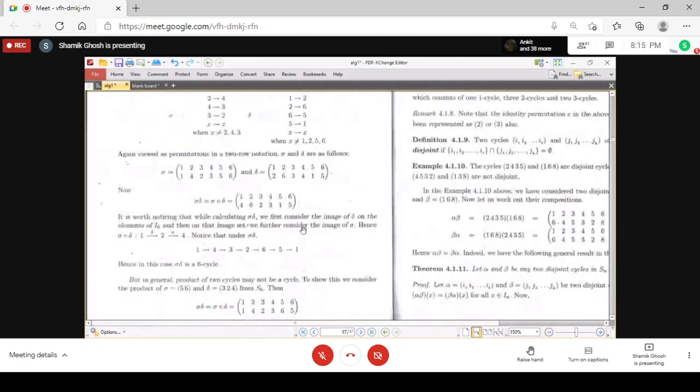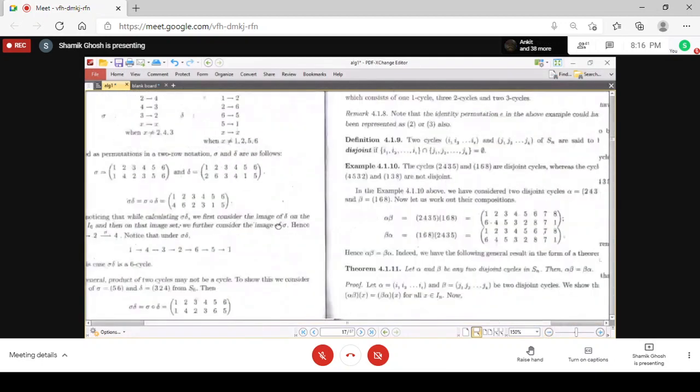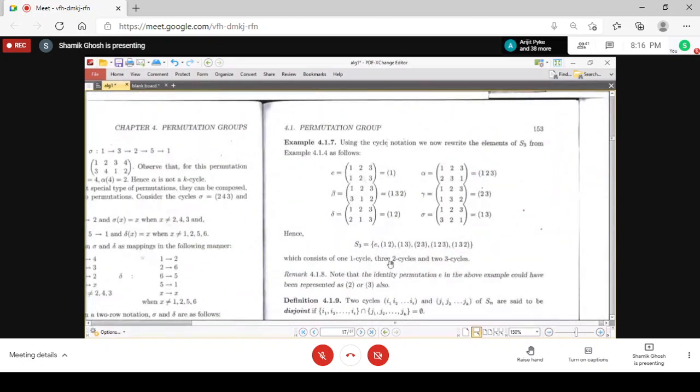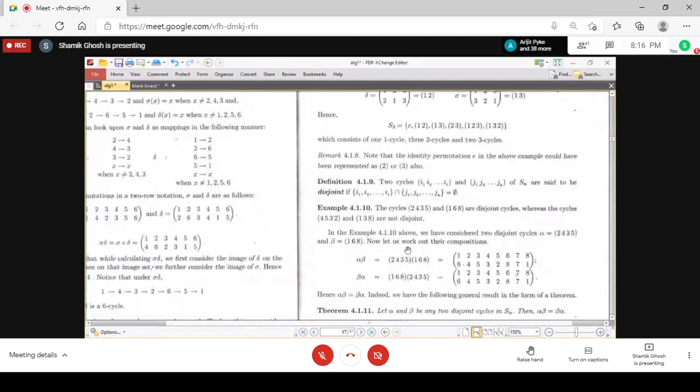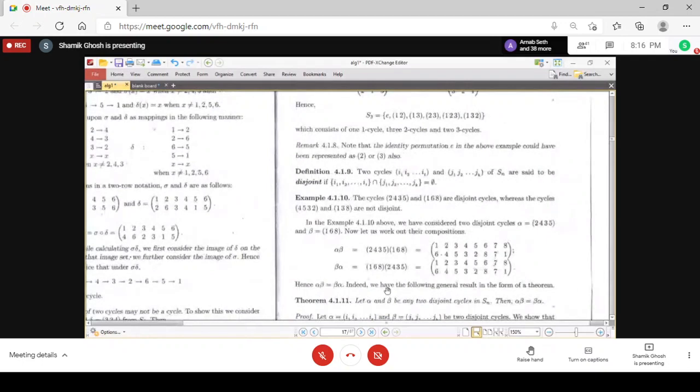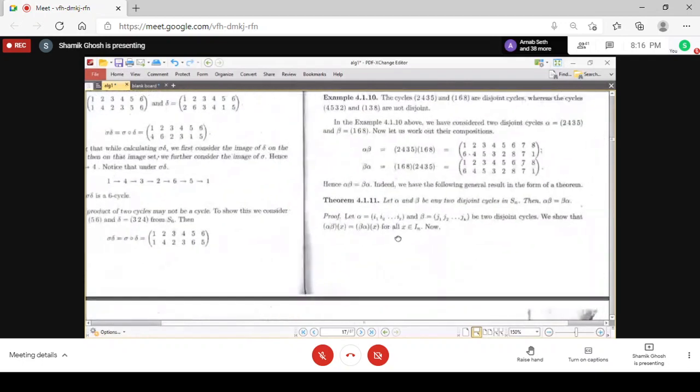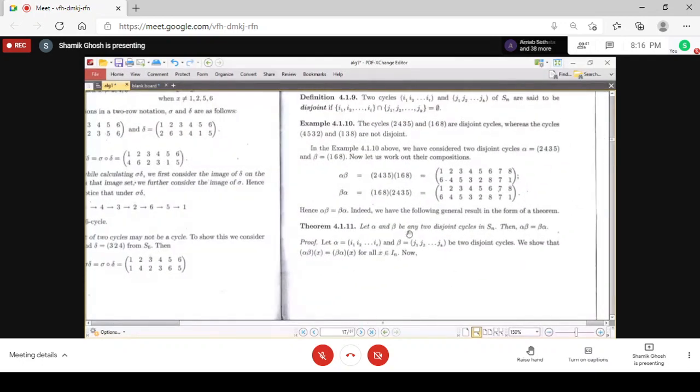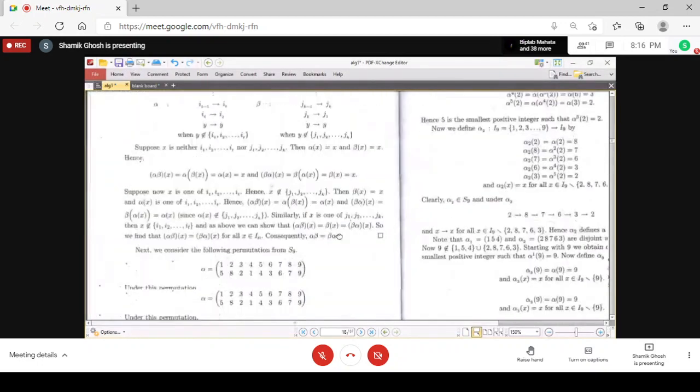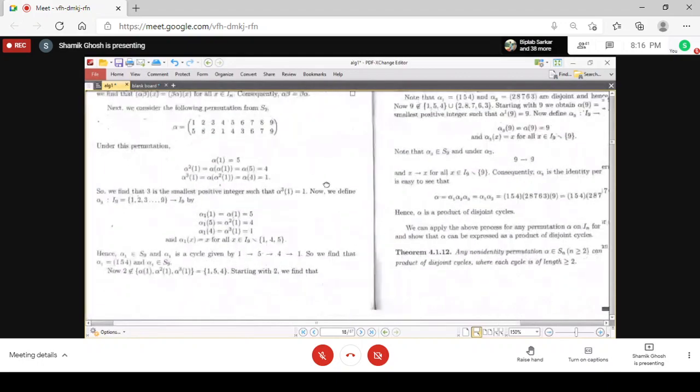And then there are some other examples, and then the disjoint cycle representation, and that every permutation can be written as the product of disjoint cycles.